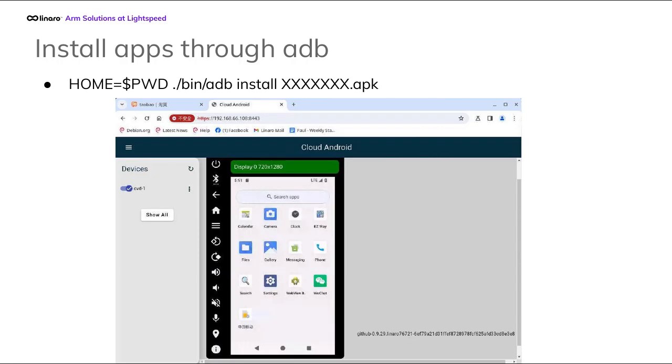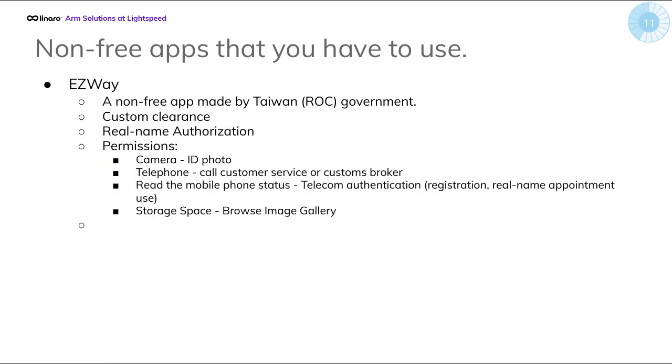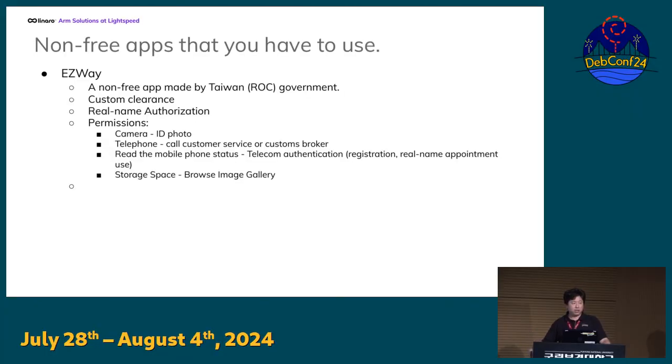So what I'm using on this device is, sometimes you have non-free apps that you have to use. It's unavoidable. For example, in Taiwan, if we buy something overseas, you need to do the customs clearance, and it will ask you to install this app to do the customs clearance.